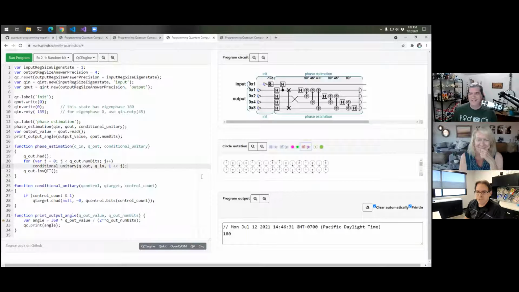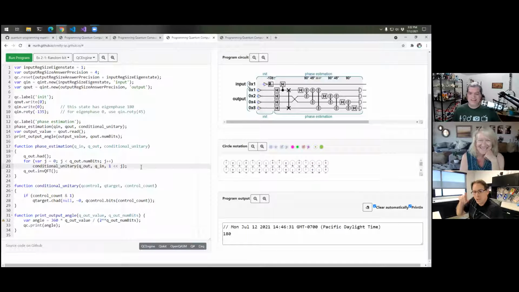So I was also wondering why we were only going through it once. Like you said, you looped through it 4 times. On line 21, it has that 1 with a left shift. I had to look that up.